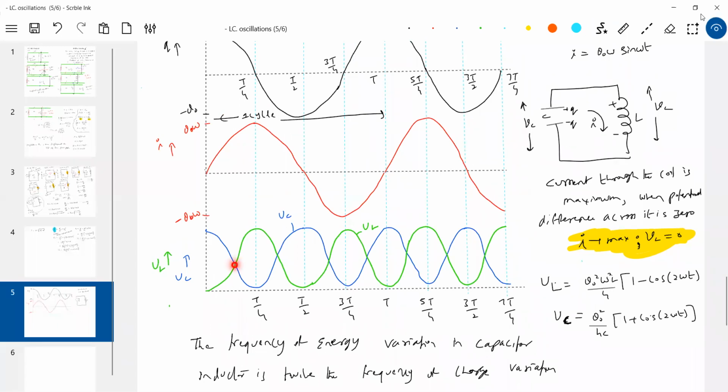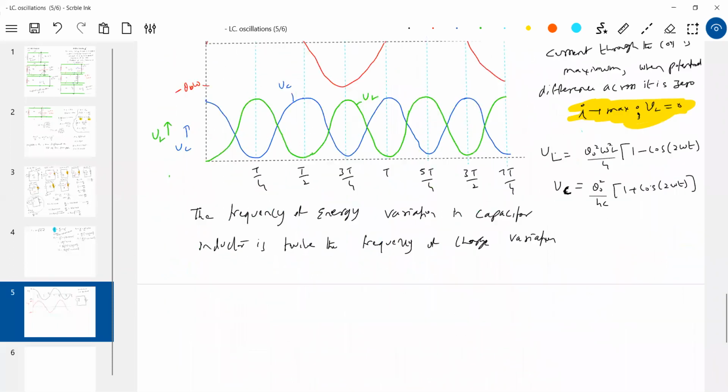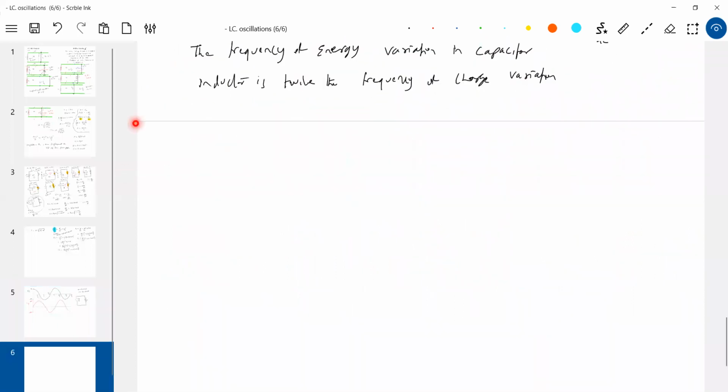Here is one, then 2, 3, 4. So what can be this interval of time? It will occur in some sequence order, no? So how many times in one cycle will the energies become equal?